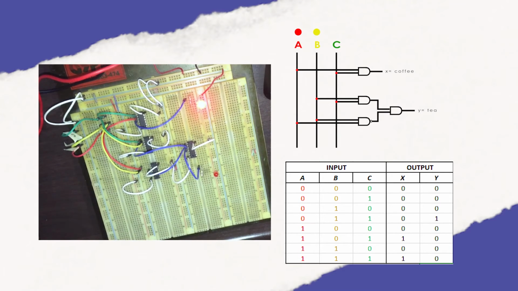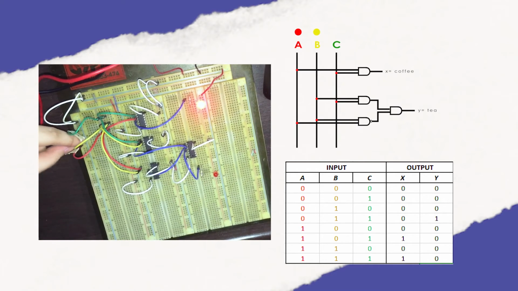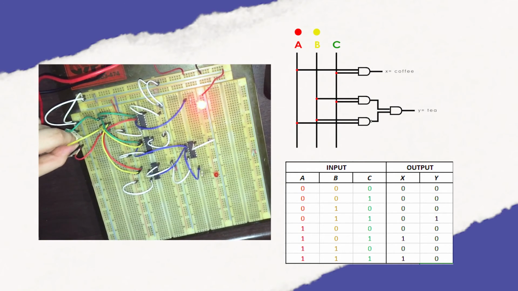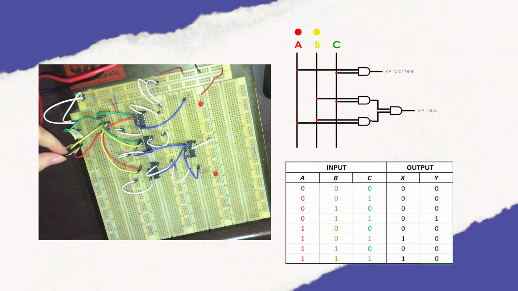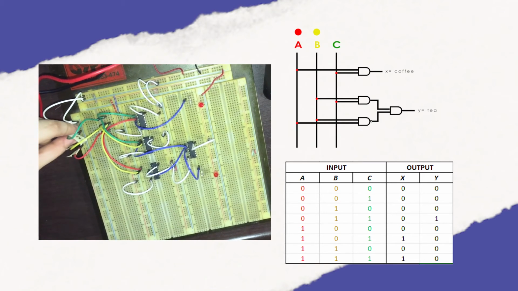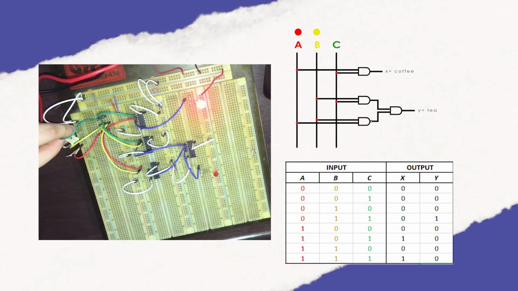If I pushed the tea and the coffee but did not put any coins, of course there would be no output. But if I pushed button A and button B and I've inserted coins, I would have coffee.